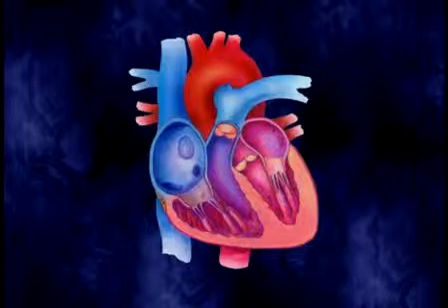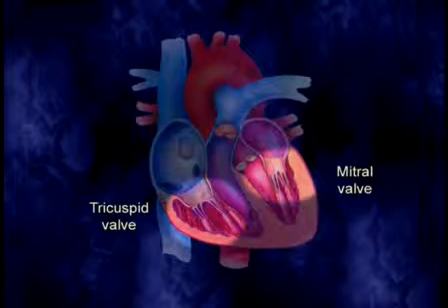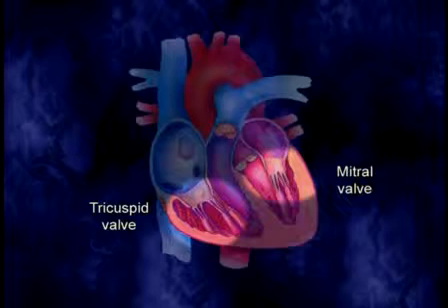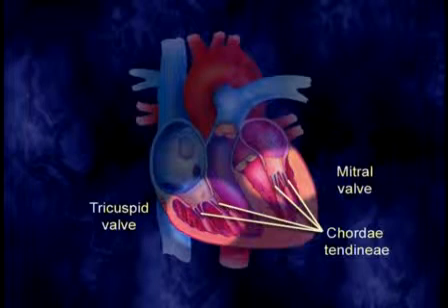They would have strings too to prevent them from flipping all the way up, and if you look, these valves have those strings on both sides. The mitral valve on the left side and the tricuspid valve on the right side, because it has three leaves, it would be like three parachutes, and these strings are called chordae tendineae, or tendinous cords, and they prevent the valve from billowing back and allowing blood to leak back into the upper chambers during the contraction phase of the ventricle.